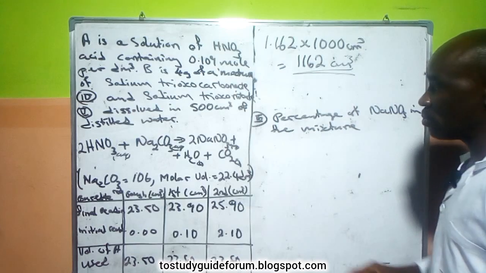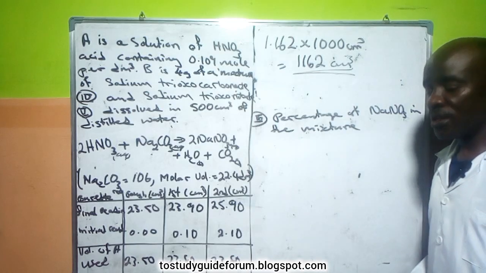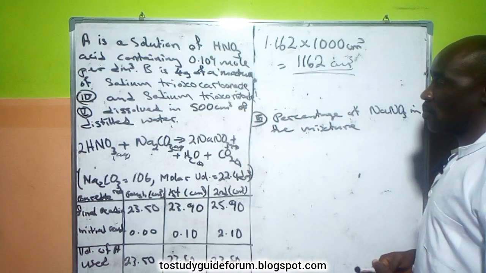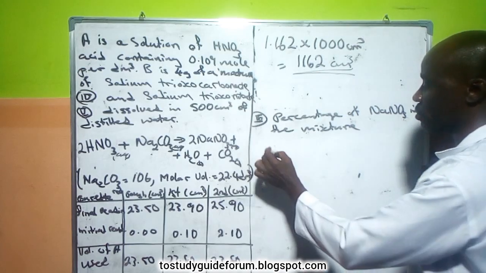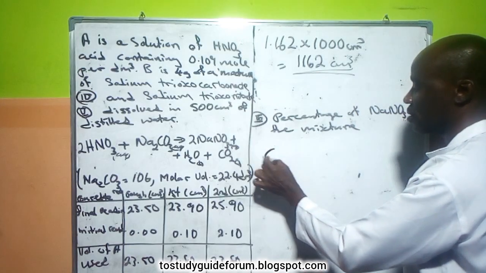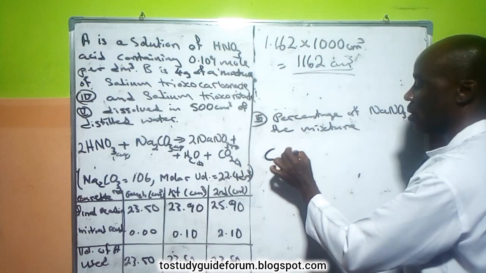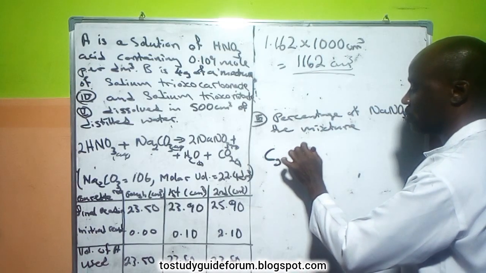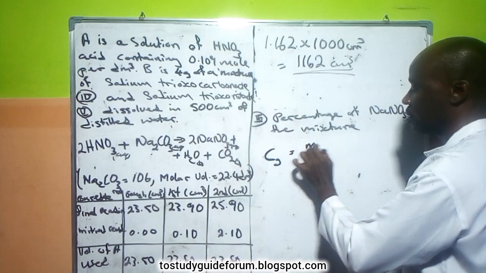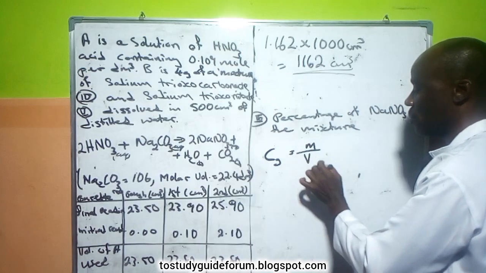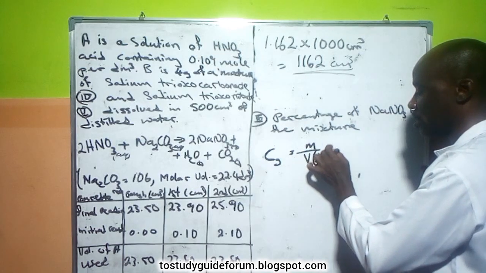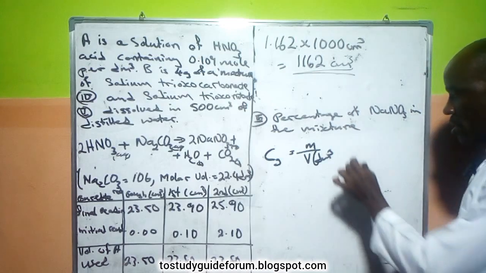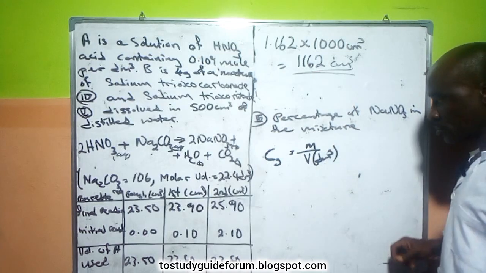So what we need to find out is what we have in 1000 cm cube, or 1 dm cube. We know that concentration in grams per dm cube is always mass over volume, where this volume must be in dm cube.